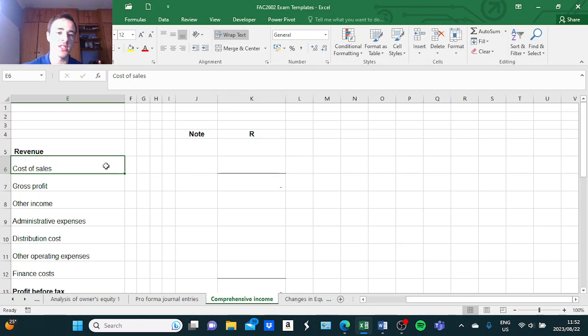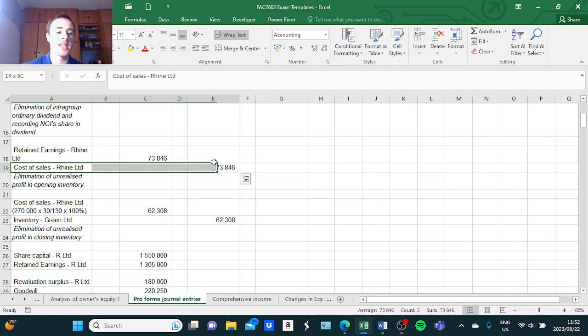Please refer to the suggested solution that I've posted on the Telegram group. I have explained it or shown the consolidated financial statements there. Okay, so this will be shown as a negative adjustment in the consolidated statement of profit or loss and other comprehensive income. But in addition, because it involves an unrealized profit, right, that has now become realized, and the subsidiary's cost of sales is affected, we need to show the adjustment in the analysis of owner's equity as well.